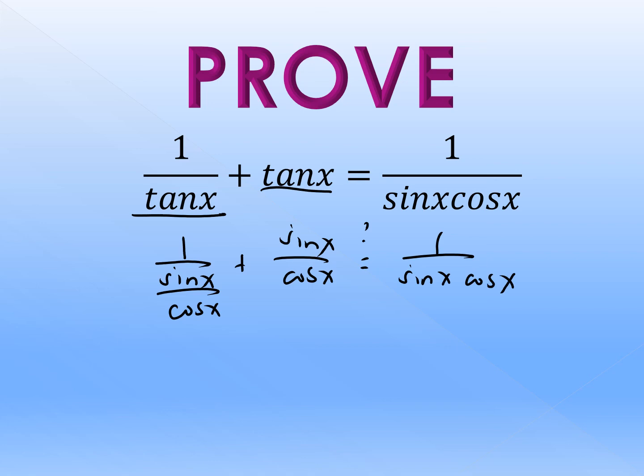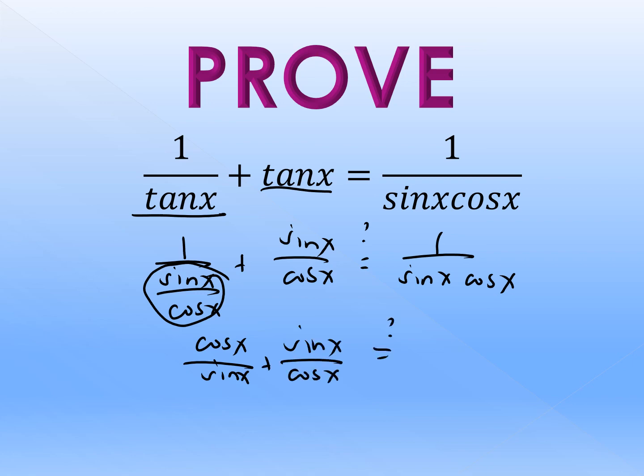Now, since we divide 1 by fraction sine x over cos x, we get the reciprocal of this one. It will be cos x over sine x plus sine x over cos x is equal to this one. Next, get the LCD. The LCD is sine x cos x.